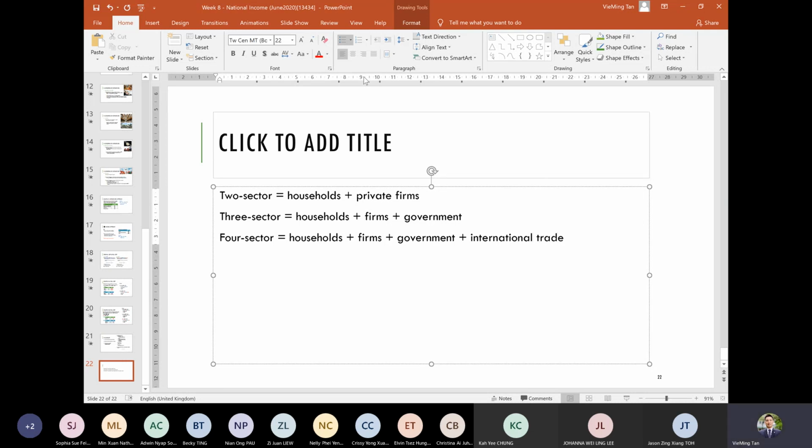So it involves export and import. If a country is involved in import and export, that means it's involved in international trade. So this will involve four sectors of economy transactions. And the fourth sector, we call this the open economy.